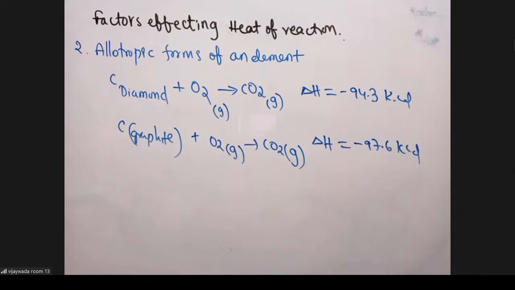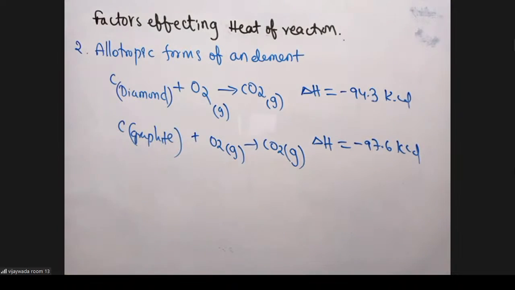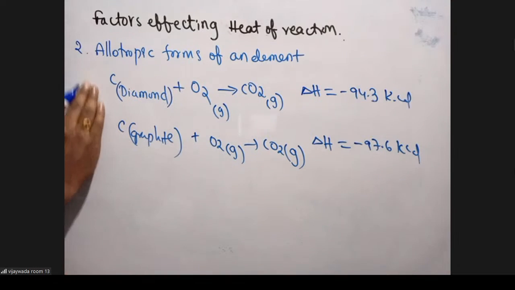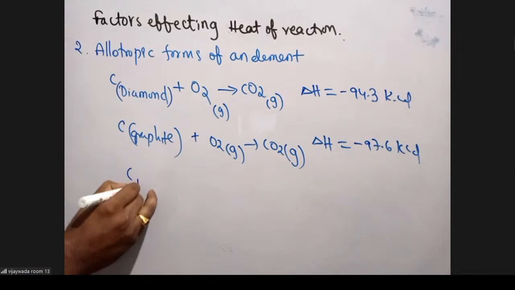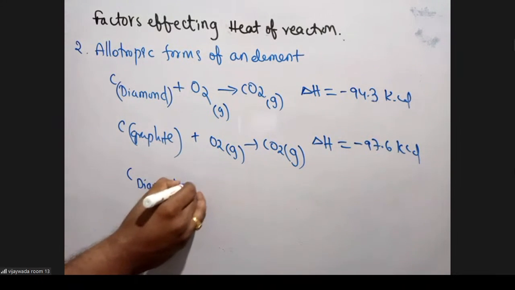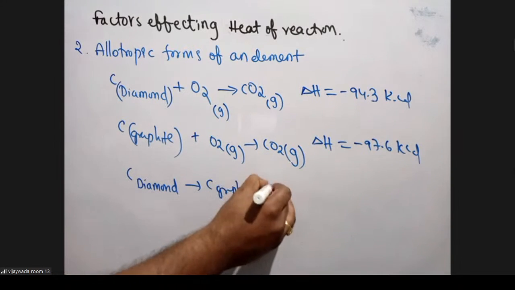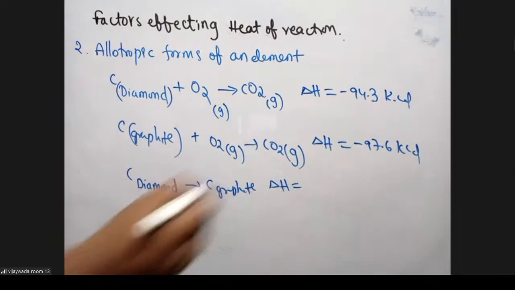So we should consider allotropic forms also. My question is, with the help of these two equations, can you give the delta H when carbon diamond is converted into carbon graphite?